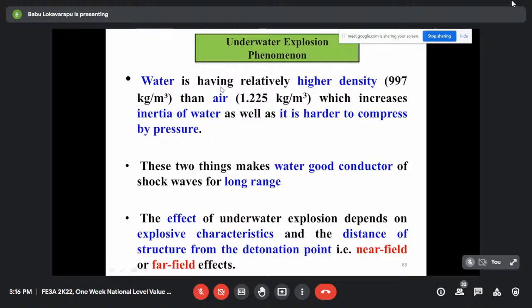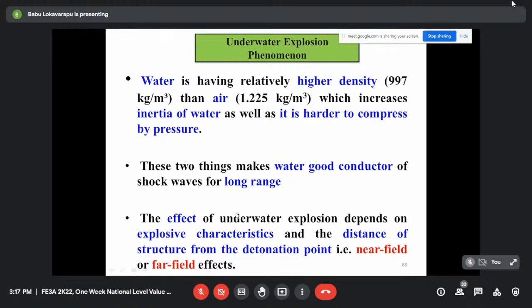Because water density is higher than air, it increases the inertia of water, and it is harder to compress by pressure. Whatever wave is there, it will act as a very good conductor. Therefore, water is a good conductor of the shock wave for long range. One shock wave is coming, and it just transmits to long distances. That is why water is a very good conductor of the shock wave for long range.